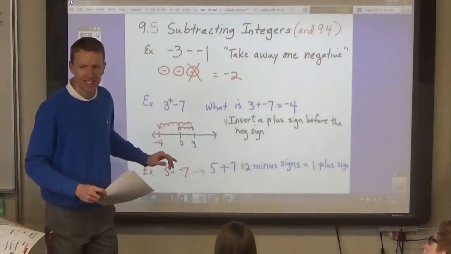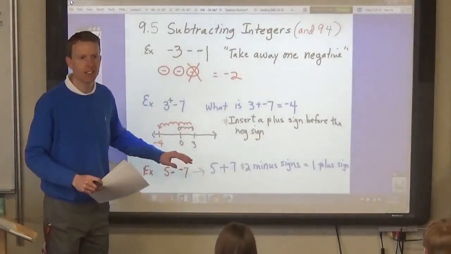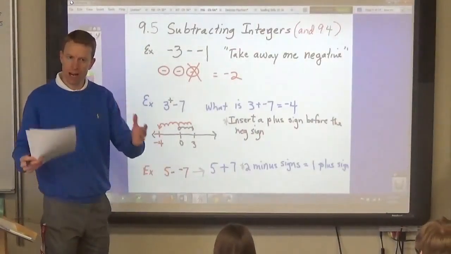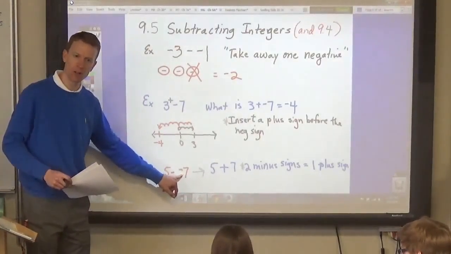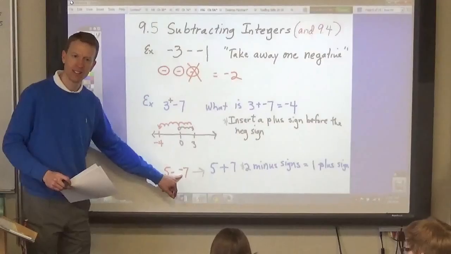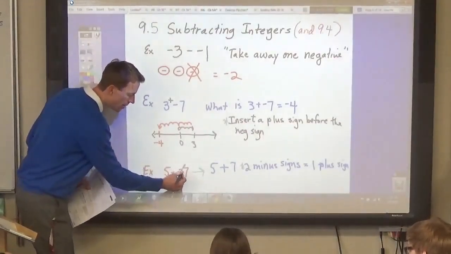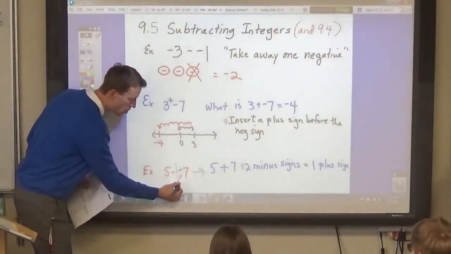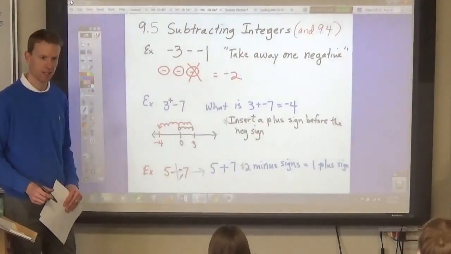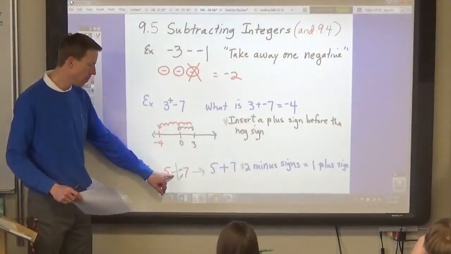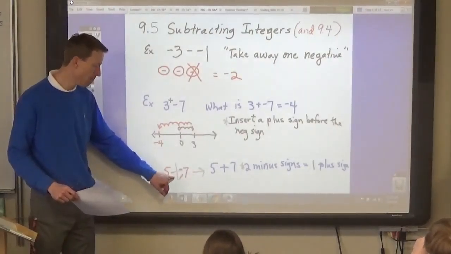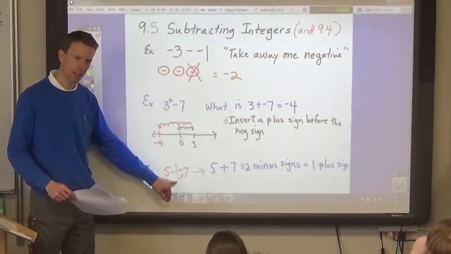So listen, Alex. What can you do with the 2 minus signs when there are 2 negative signs in a row? Yeah, connect them and make it just plus. So instead of 5 minus negative 7, it's just 5 plus 7.